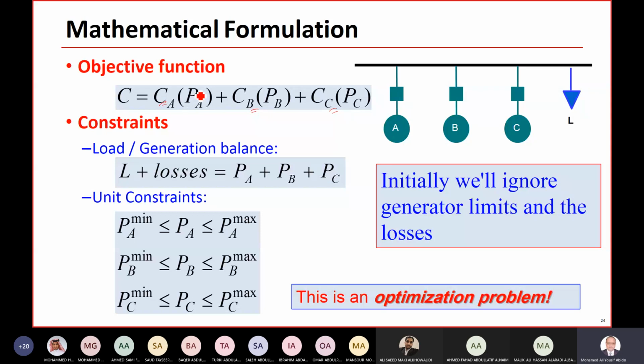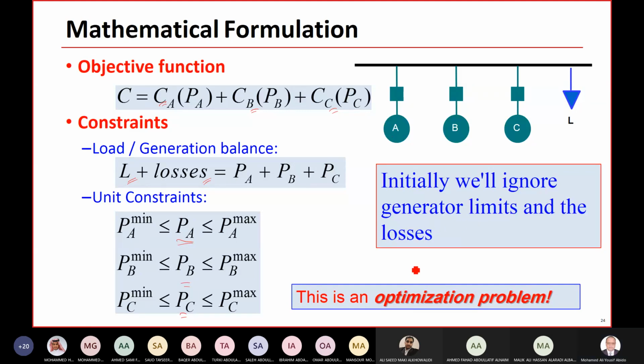It could be a quadratic function, could be a cubic function, as we mentioned earlier, but we will stick with the quadratic function, which is the simpler one. The constraints: the total load plus losses equals the summation of generations, and the unit outputs PA, PB, PC should satisfy the bounds here.